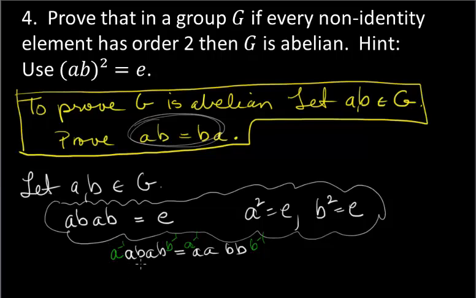Well, A inverse A is the identity. This gives us, when we cancel, that BA on the left is equal to AB on the right, and we're done. G is abelian.